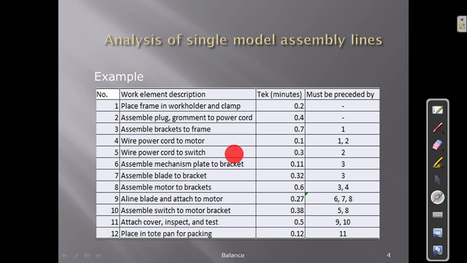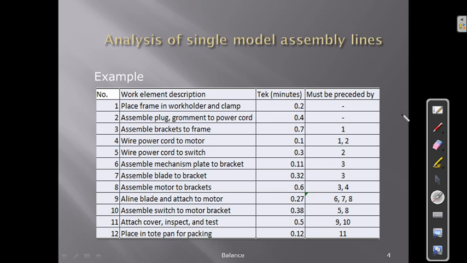Wire power cord to switch. Assemble mechanism. These are the work elements, and the time in minutes for these activities is given. Place frame in work holder and clamp will take 0.2 minutes.